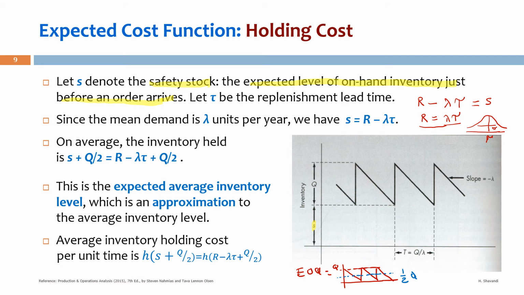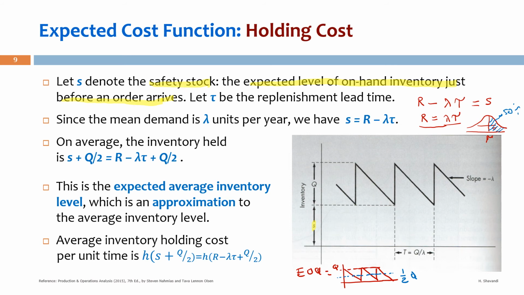So if we set the reorder point exactly to lambda tau or mu, then with 50% chance demand could be greater than the mean, right? Then with 50% chance, we will have a stock out situation, right?